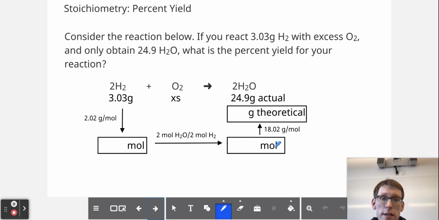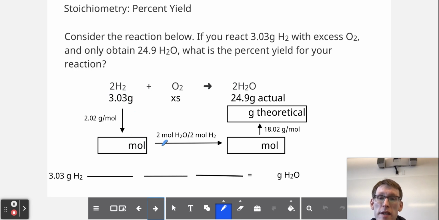From moles, I can get to moles of water, and then from moles of water, I can get to this theoretical yield of water. I've got my conversion factors here, my molar mass of H2, my molar mass of H2O, and I know that I've got 2 moles of water for every 2 moles of hydrogen as my mole ratio that I took from the coefficients of the equation.